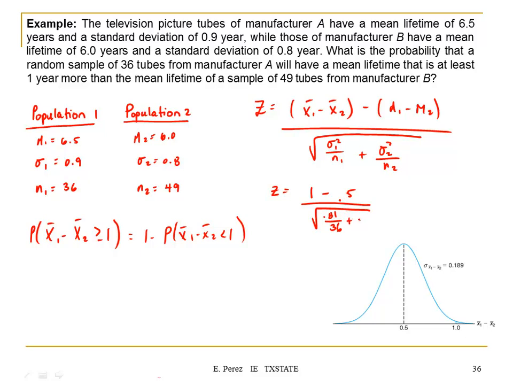And this is equal to 2.65. So this is 1 minus the probability of z being less than 2.65. And from the table, you get 0.004.